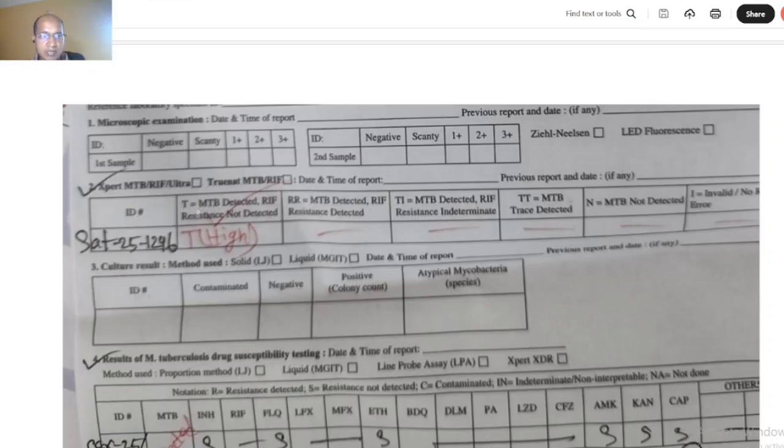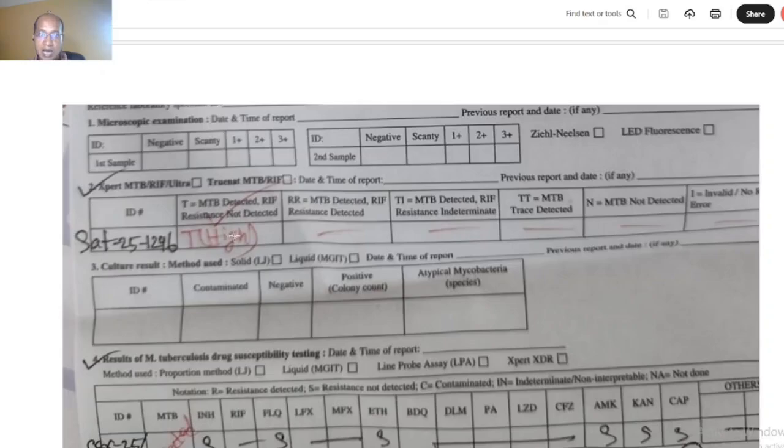So the test done is GeneXpert MTB. T means Mycobacterium tuberculosis detected, RIF, that is rifampicin resistance, not detected. So it is sensitive to rifampicin.